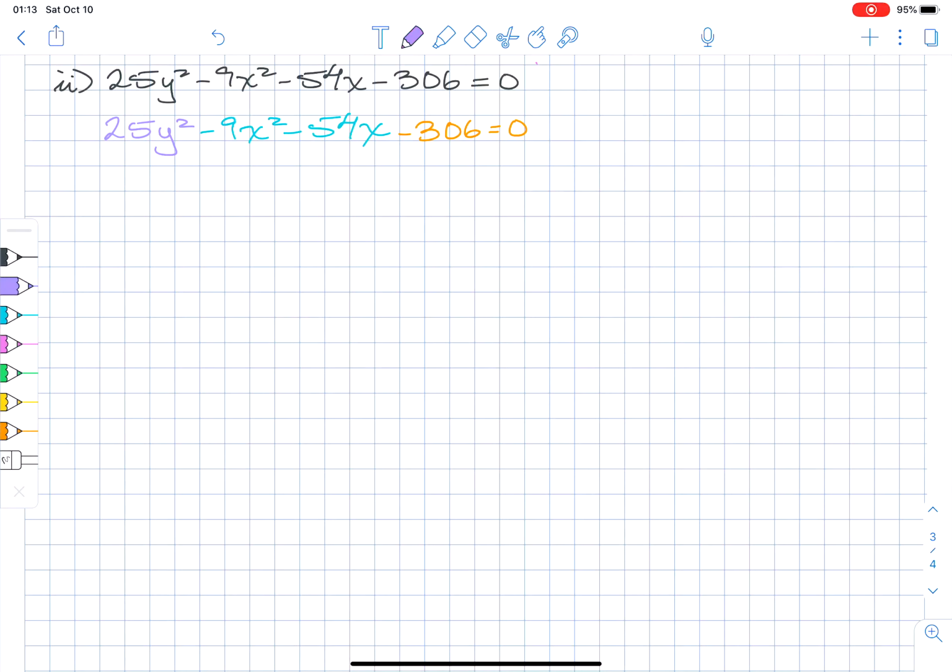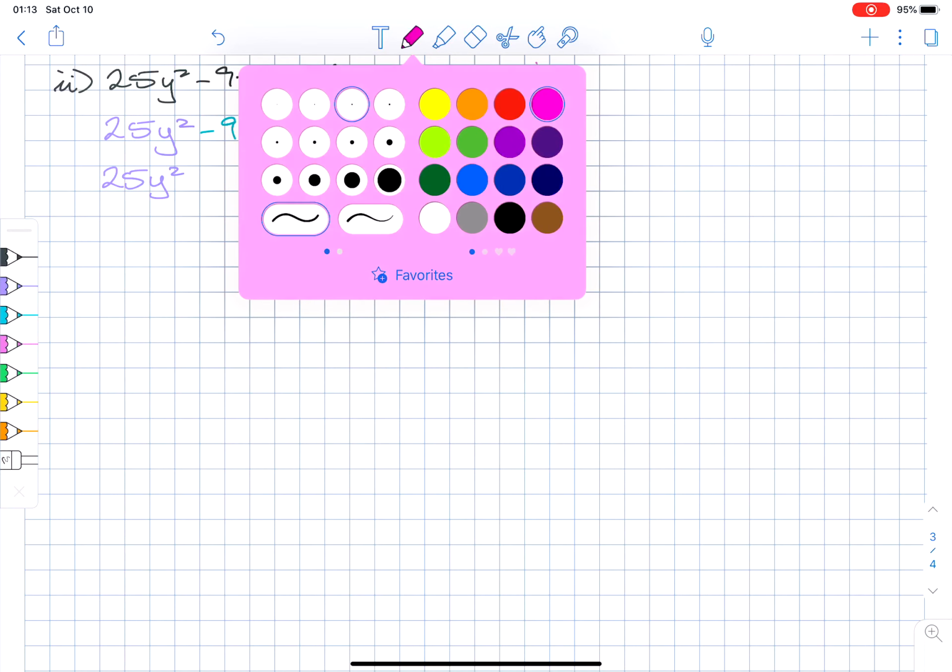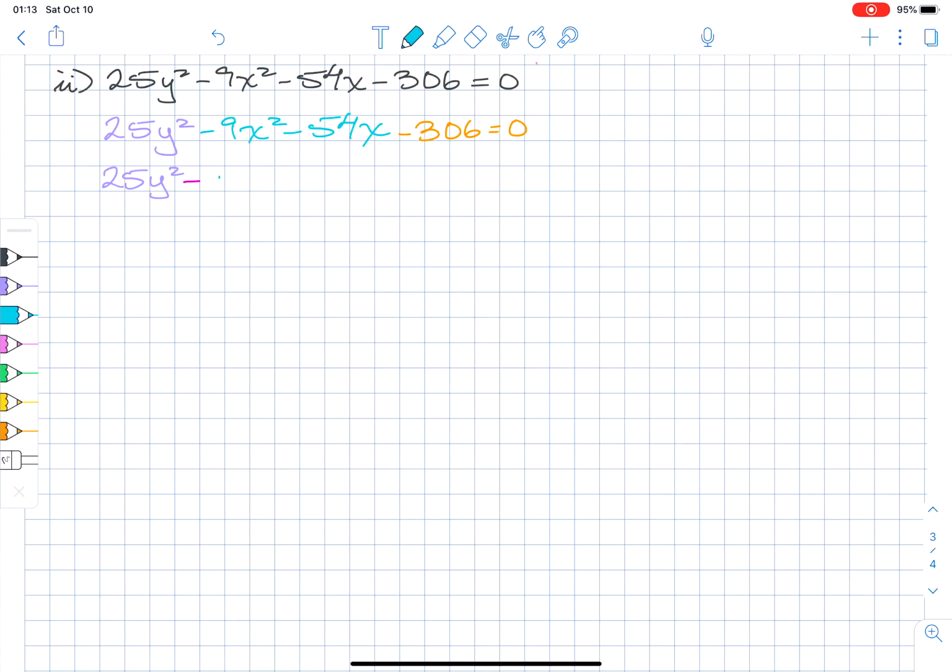It looks like y squared just has a single term, but let's factor out a negative 9 from the next two terms, giving us an x squared minus 6x. And let's add 306 to both sides.